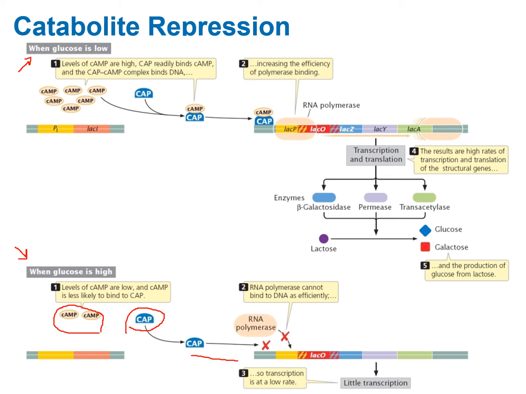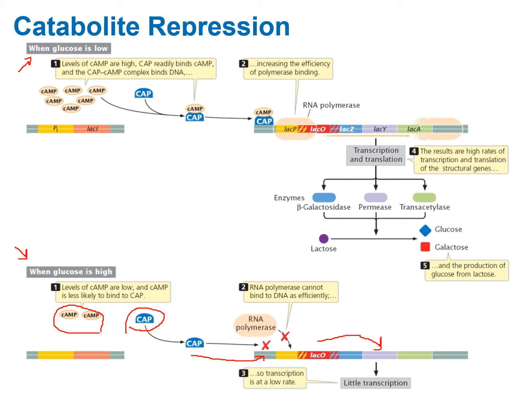It doesn't bind its sequence in the promoter very tightly, which means that RNA polymerase doesn't bind the promoter very tightly, and there's very little to no transcription of the structural genes. And that's fine because the cell doesn't need the structural genes for breaking down lactose in this case.